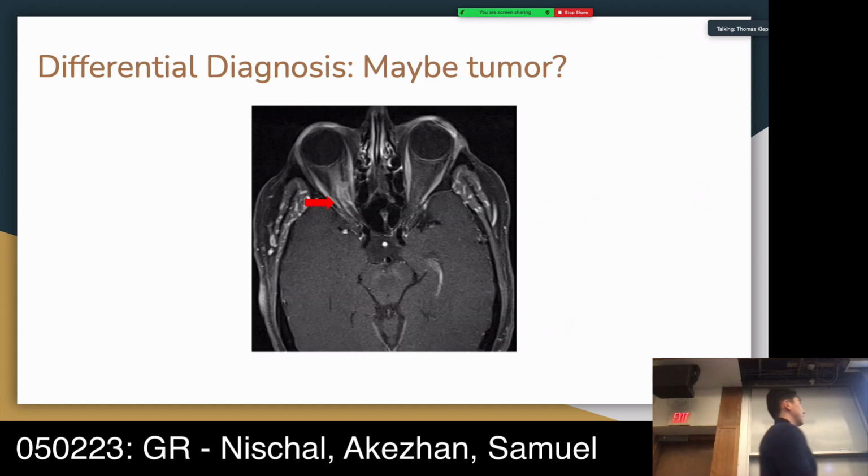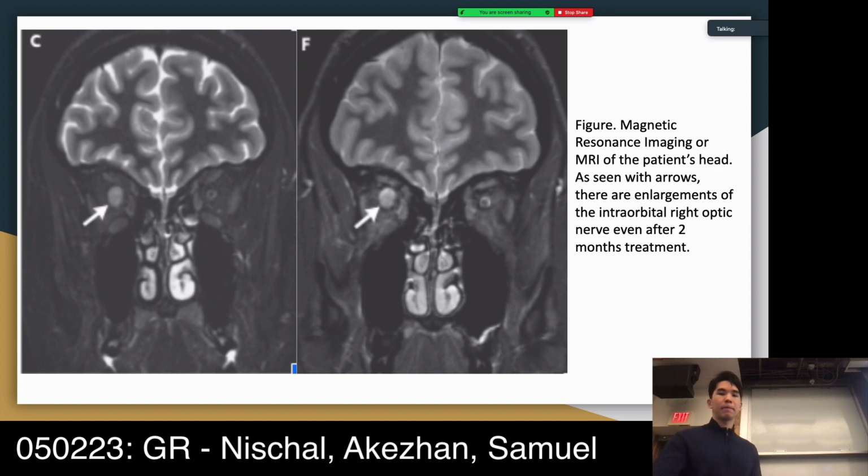But the MRI scan shows that, if you compare the left eye and the right eye, there's some unusual formation here, which might be indicative of the tumor that we're suspecting she has.